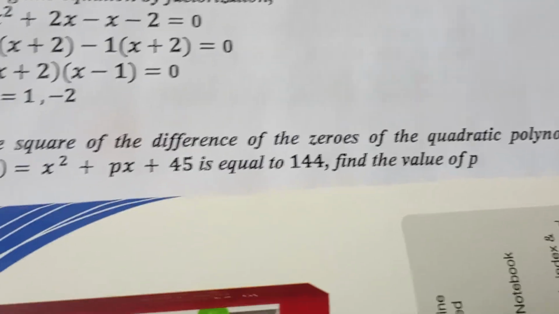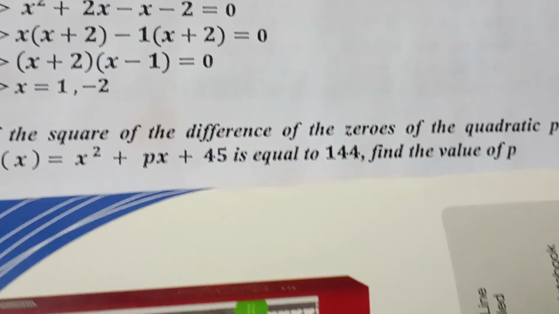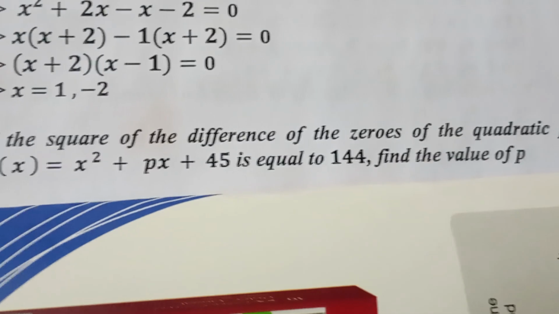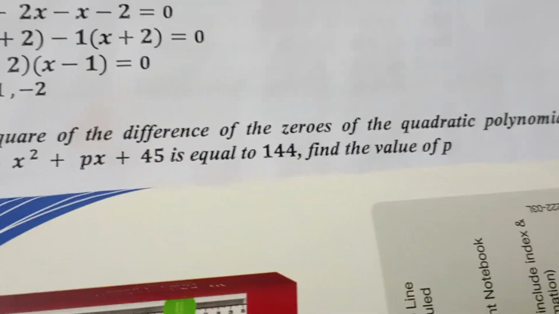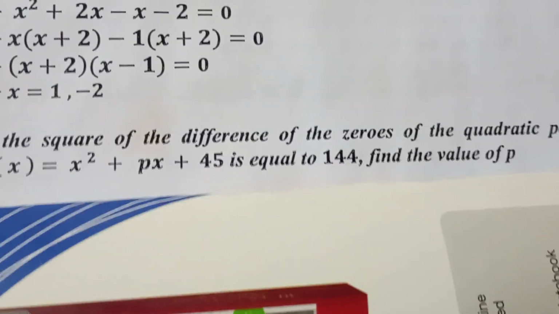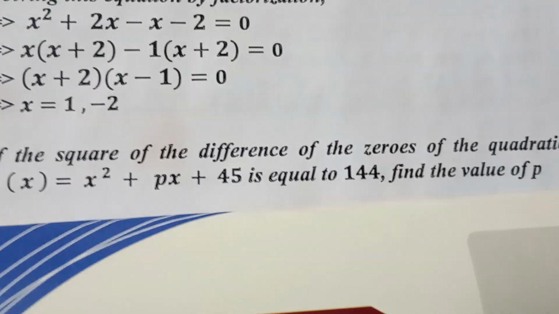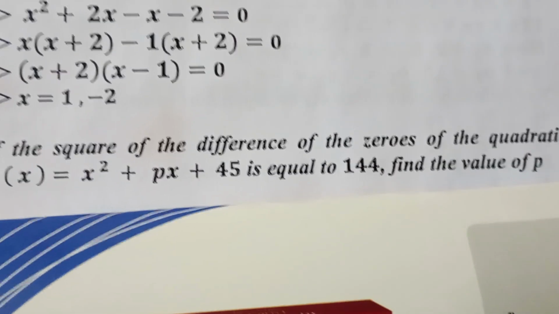First we must understand this very carefully. So it is given that alpha minus beta the whole square is equal to 144, and we are given the polynomial also, x squared plus px plus 45.